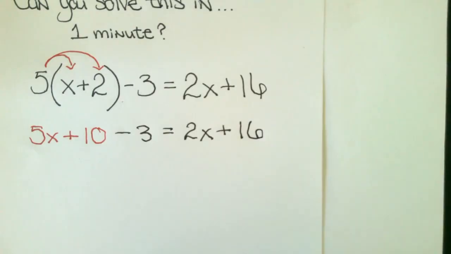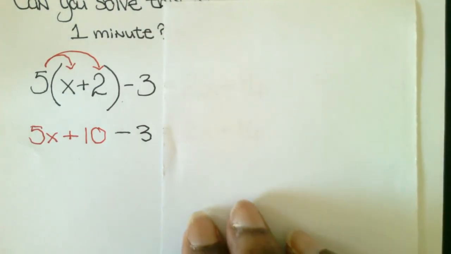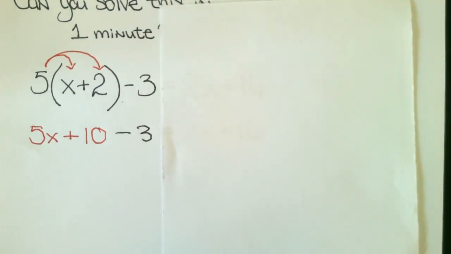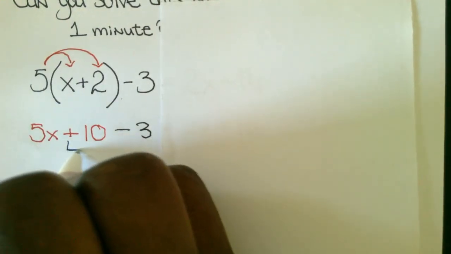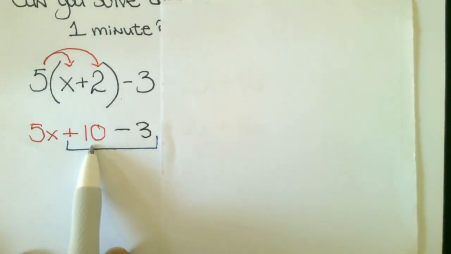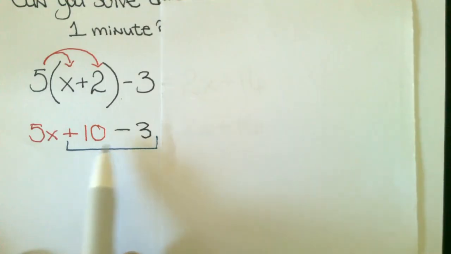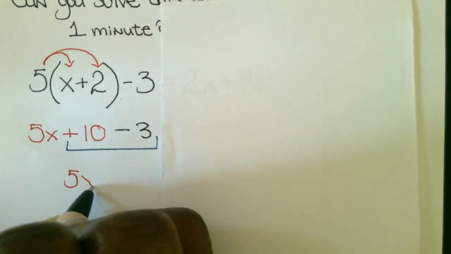Now, this is one thing that a lot of people generally do a little too much on. If I cover up my left side, I notice that right here, I have like terms. We have two constants. We can combine those two. So we have our 5x, which is right in front.